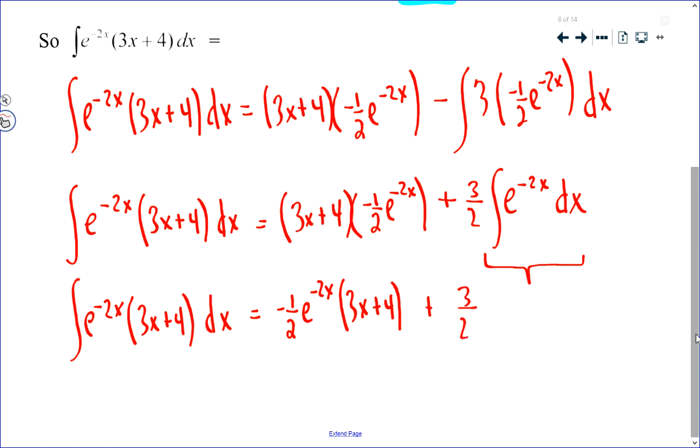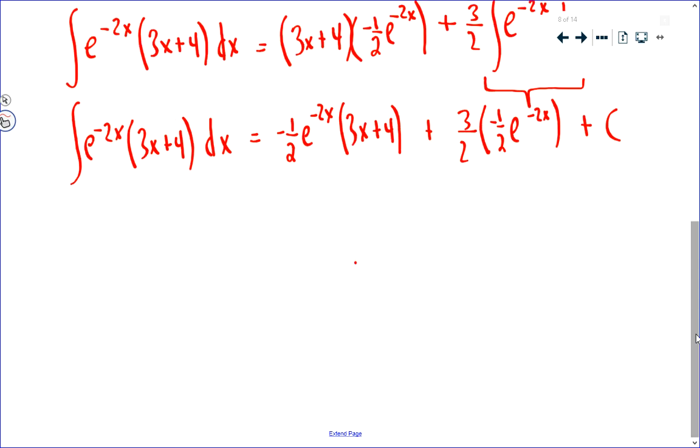Now what is the integral of e to the negative 2x? We already did that. It's -1/2 e to the negative 2x plus our constant. So let's clean this up and then we will check it.